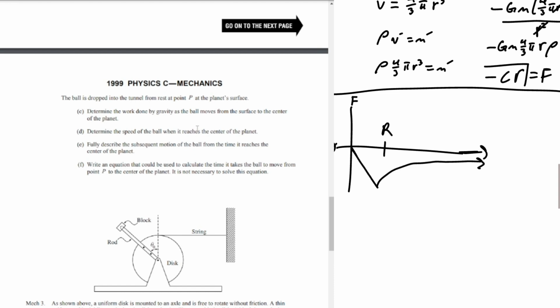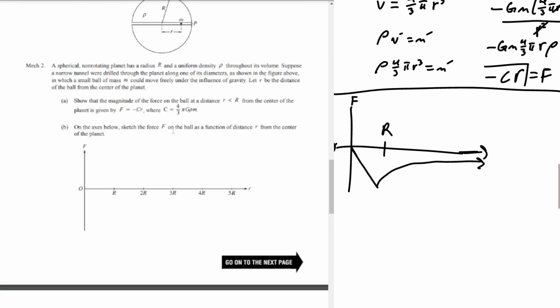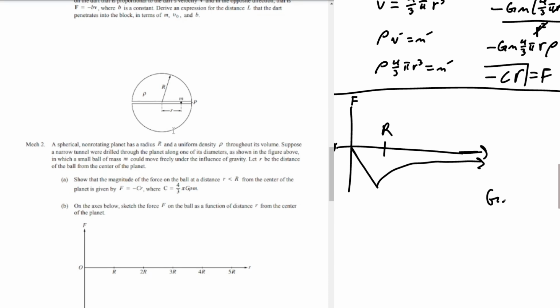Because no longer does this C r equation apply. No, we're going to use Newton's gravitation of the full planet's mass, this equation where r squared actually affects it. And the inverse square relationship is like this.